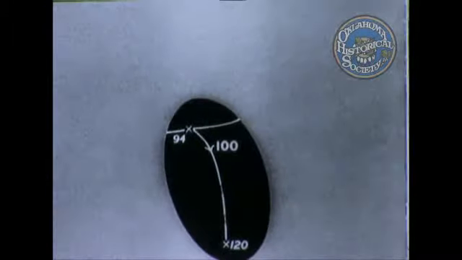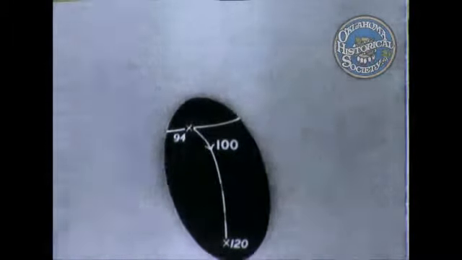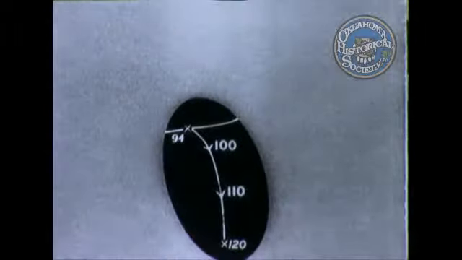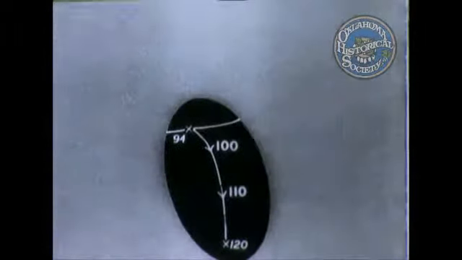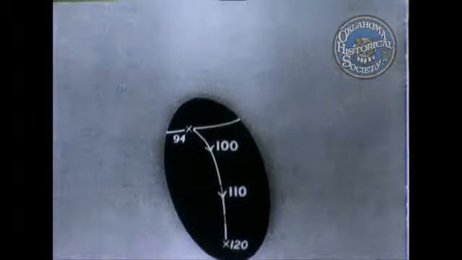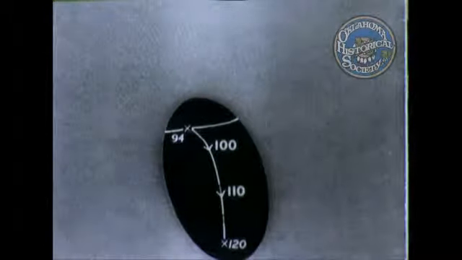Now between 94 and 120 on a tributary, interpolate 100 and 110. Since contours will cross the tributary at these points, indicate them lightly by V-shaped marks pointing upstream.